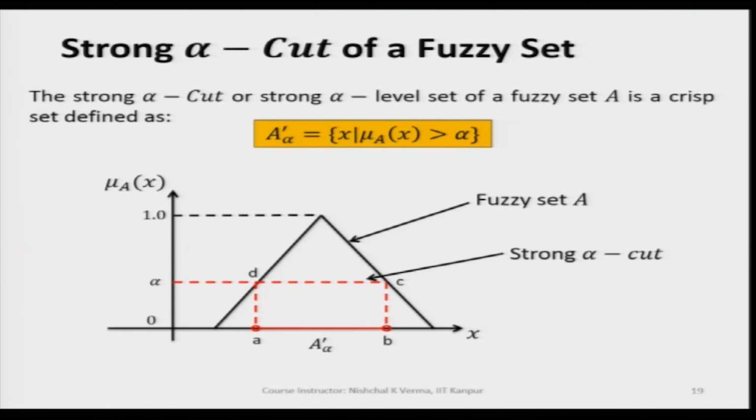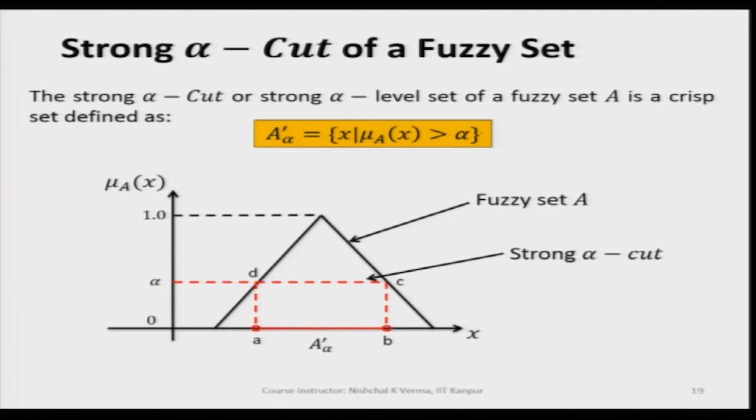A strong alpha cut is represented by A alpha with a dash. So, A alpha dash is equal to the collection of all the generic variable values for which the corresponding membership values are more than alpha.